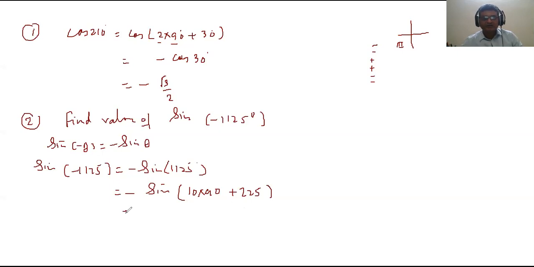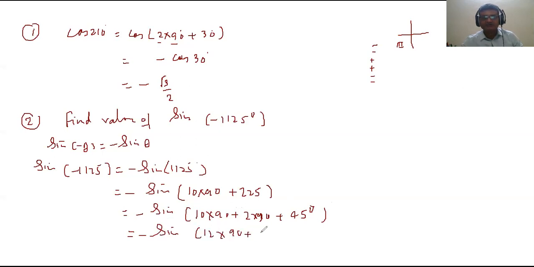It means we can add 10 into 90 plus 2 into 90 plus 45, so 12 into 90 plus 45. So this is minus of sine of 12 into 90 plus 45. You can see it is an even multiple of 90 degrees, so sine will remain sine. It is sine 45 degrees.